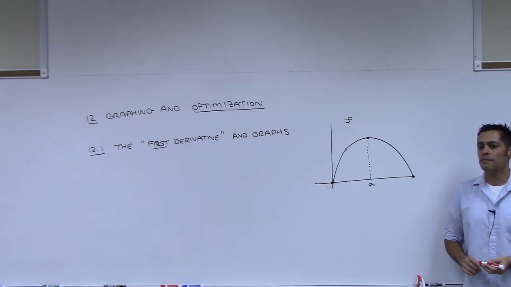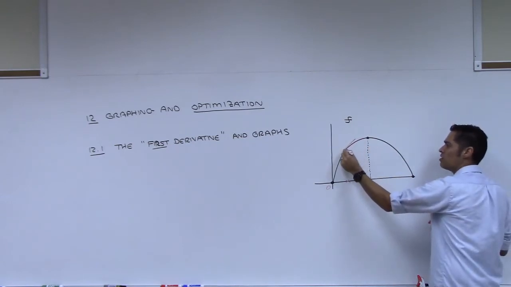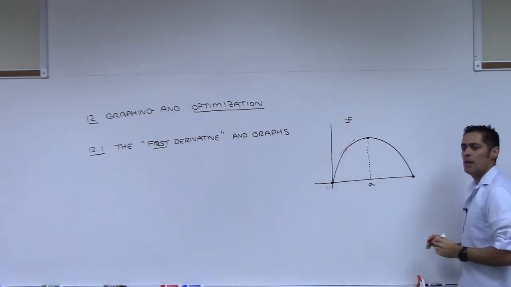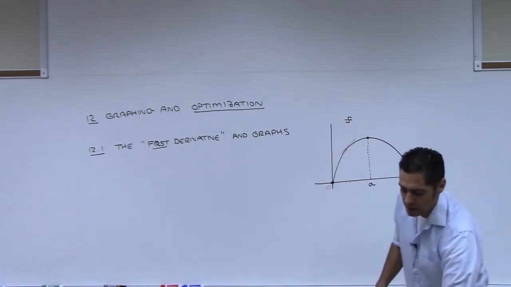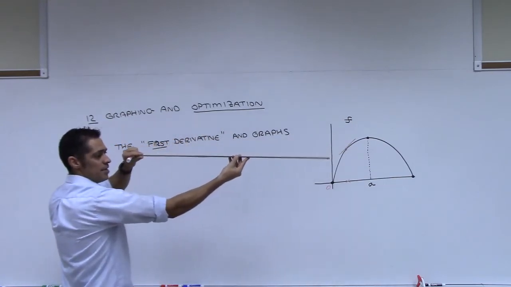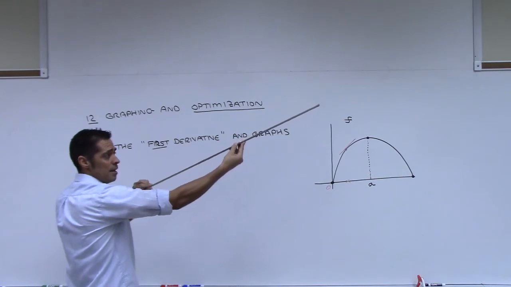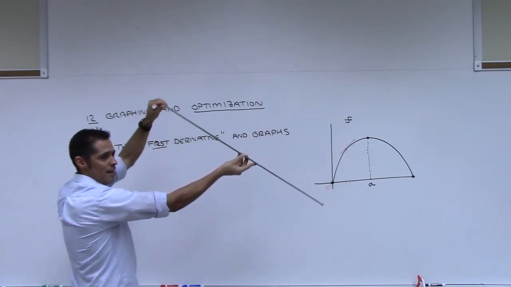Positive. Why? Because we know the tangent line would look like that. And remember with lines, this is very important: the slope of any line that goes like that is positive, and the slope of a line that goes like this is negative.